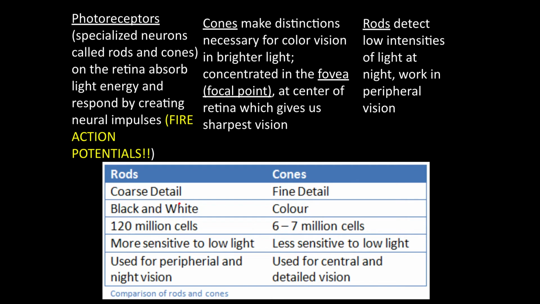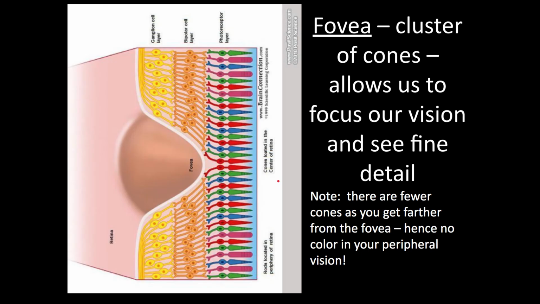They're concentrated in our peripheral vision. They only allow us to see black and white. They are much more numerous than the cones. They're sensitive in low light, meaning it's what we're using to navigate around a space in the dark. They're used for peripheral and night vision. I like to remember cones, color. Really easy way to remember: cones, color.